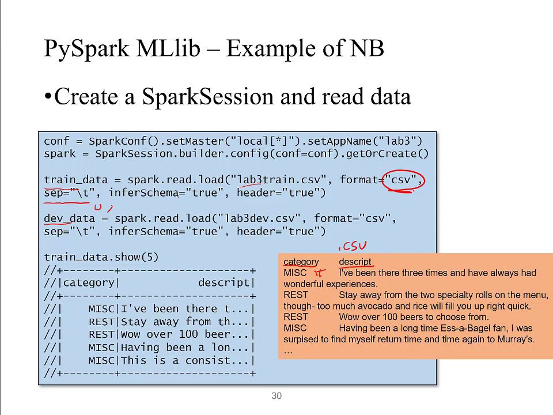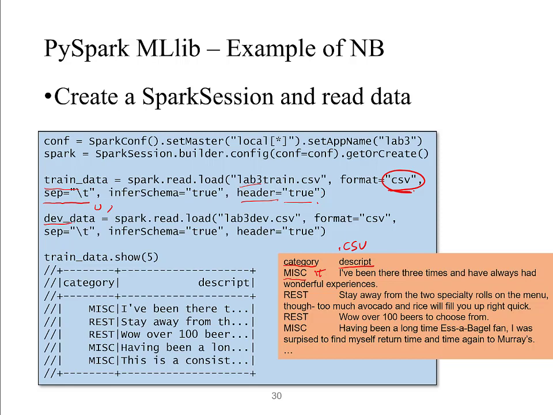Infer schema means you ask Spark to infer the schema of the CSV file. And header is whether the CSV file contains a header or not. Here the CSV file actually contains the header, but if it does not and you assign true to header, then it would take MISC and this whole sentence as the header of the CSV file or the data frame.